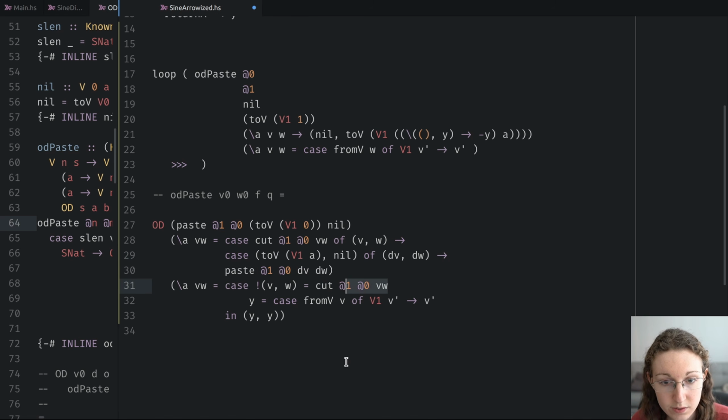Just going to say case cut of pair pattern, and end up with this. And now I guess then we can reintroduce the let here, because this is a lazy let. And there we go. So I think this is all more or less correct.